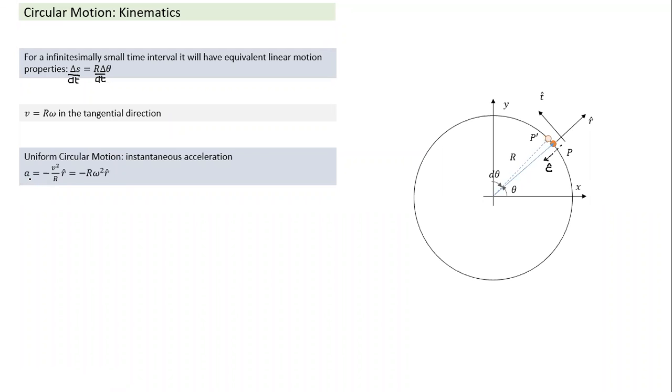We will see why it is called centripetal acceleration. It comes equal to minus v square by r, and its direction is along the radially outward direction. So I can write it as v square by r or r omega square. It can also be written as r omega square C cap, centripetal direction. So radially outwards, but towards the center. So that's the acceleration for uniform circular motion.